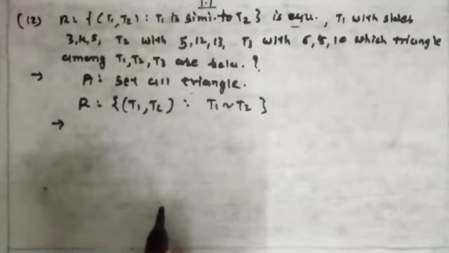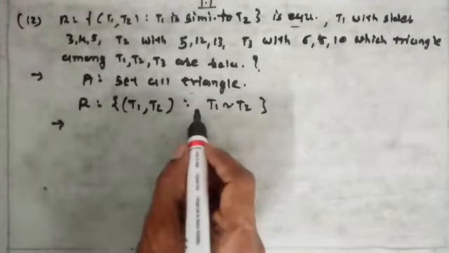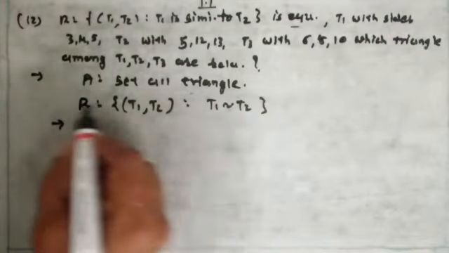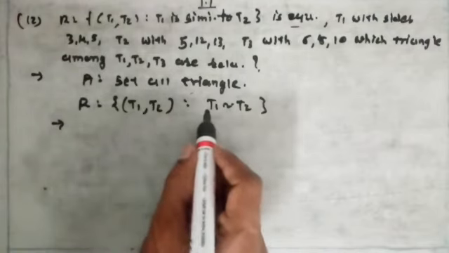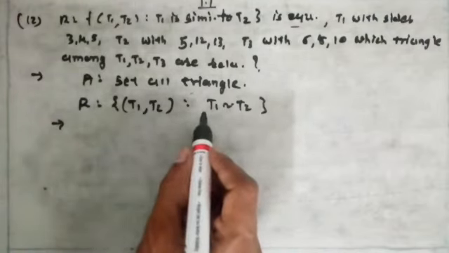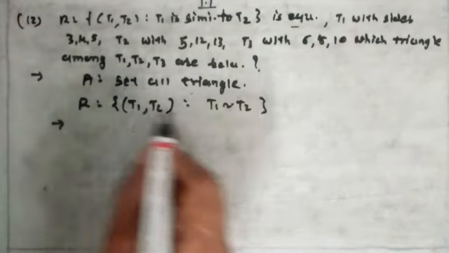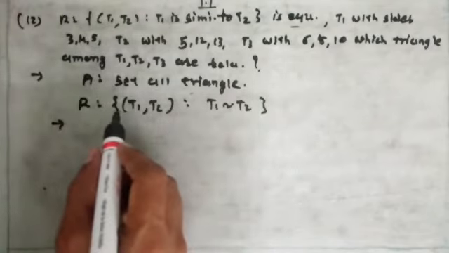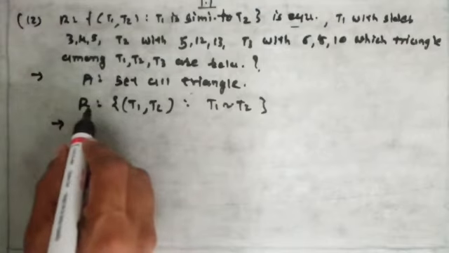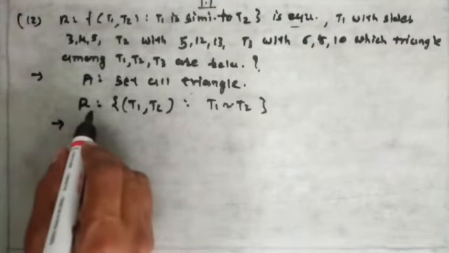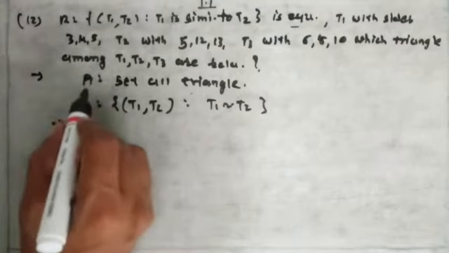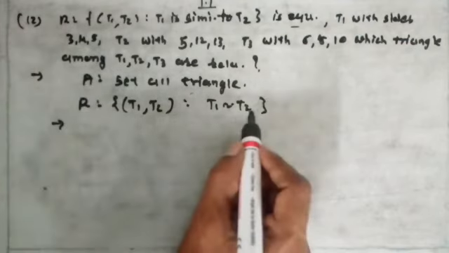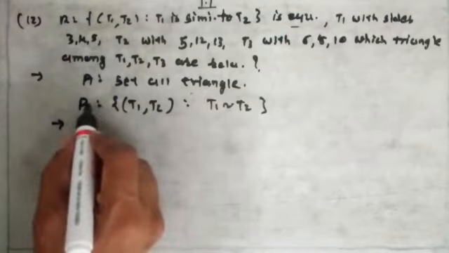And you know that a relation becomes an equivalence relation if it is reflexive, symmetric and transitive. In our first step, for any triangle T1 belongs to A, T1 is similar to T1 itself, we know that. So T1 belongs to R. So this becomes reflexive.